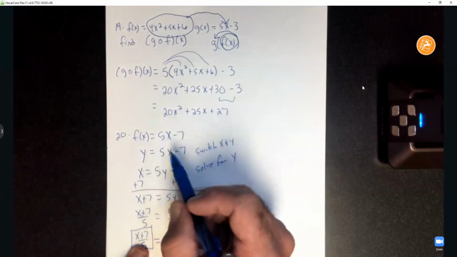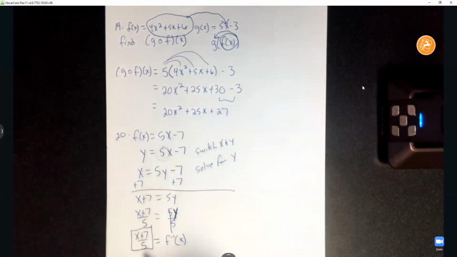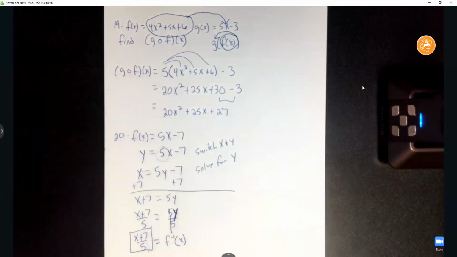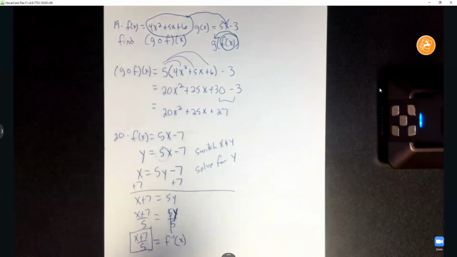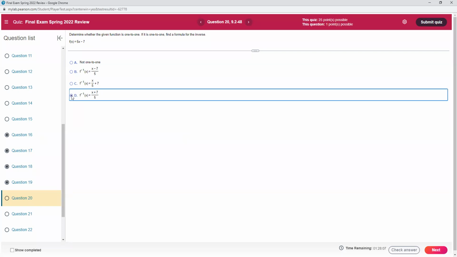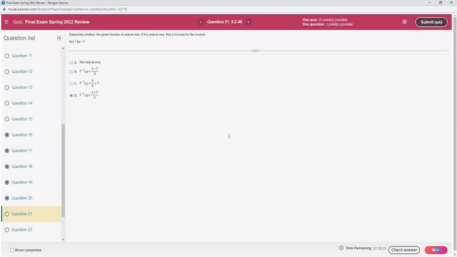This was multiplying, this one is divided. So it's always got sort of the opposite moves on those. Y'all, we would go back, look for x plus 7 divided by 5, which would be D. And then moving on.